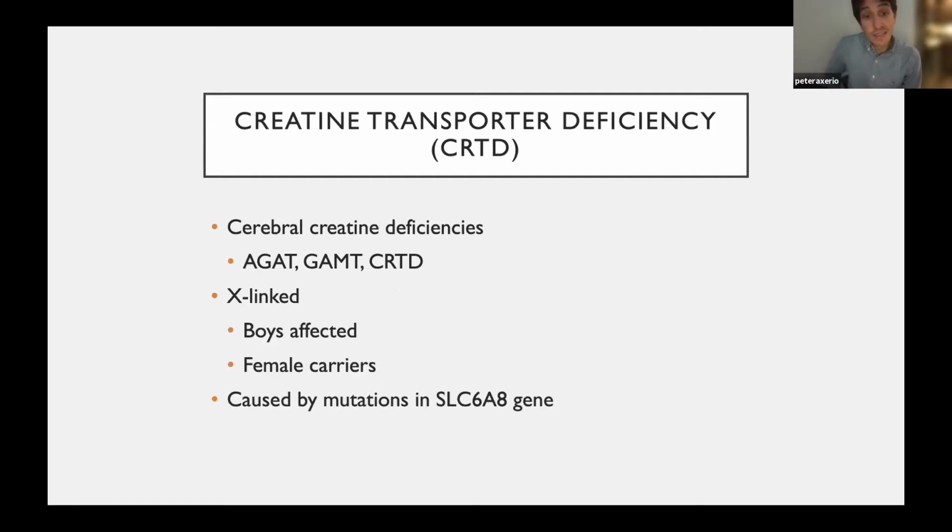CCD is a disease caused mainly by mutations in the SLC6A8 gene. It's also caused by deficiencies in the enzymes that make creatine. So it's mostly boys that are affected, and there are some female carriers.